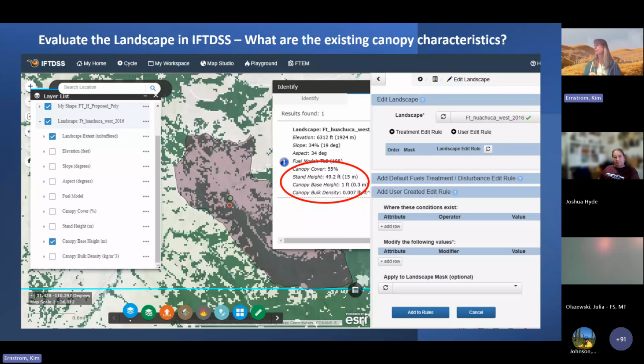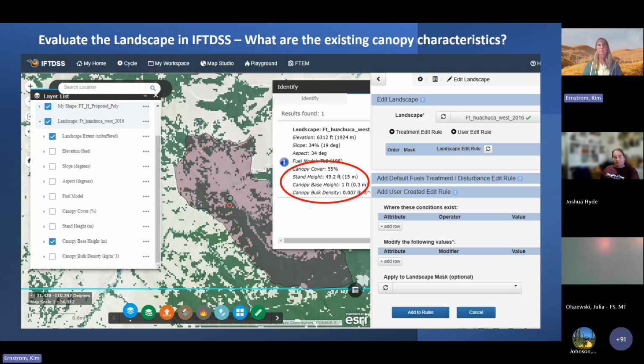I'm going to focus here on canopy base height because that's the primary mechanism for torching and spotting, right? If my canopy base height is very low, and in this case it's 1 foot, that's going to allow fire to get into the trees very easily, right? So if I change that canopy base height, I could change the potential for spotting and torching.